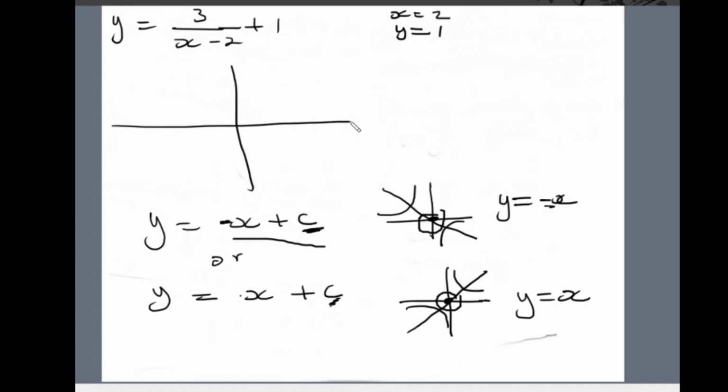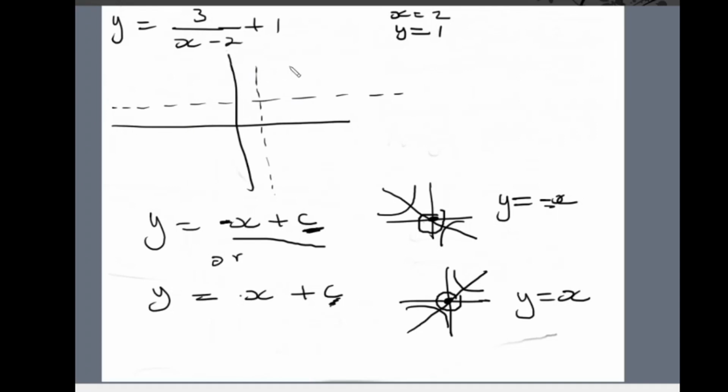So a is positive there, and then now our asymptote is x equals minus 2. Sorry, this is 2, x equals 2, and then the horizontal one is y equals 1, right?